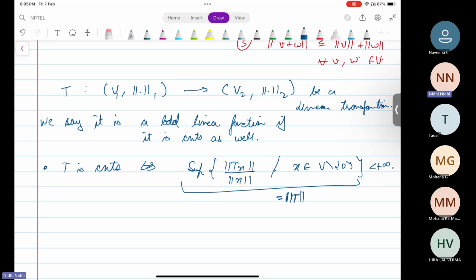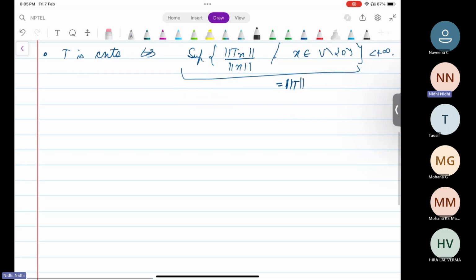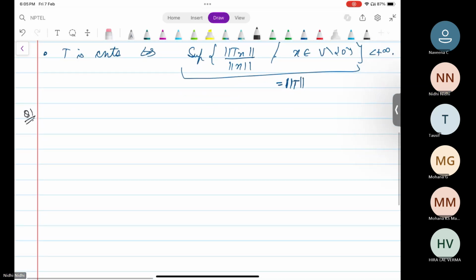So today we'll be looking at some bounded linear operators. How does their norm look like? Let's start with the first question. Question number 1. Let f from Rn to R be linear.